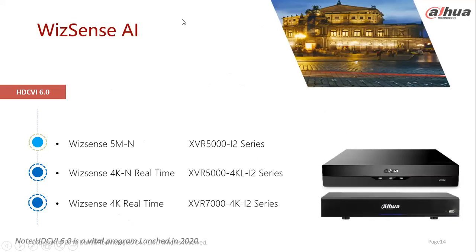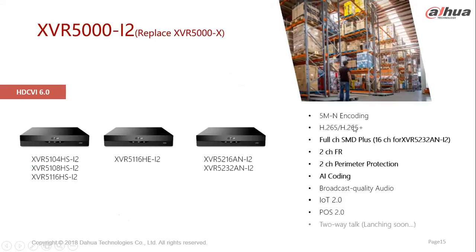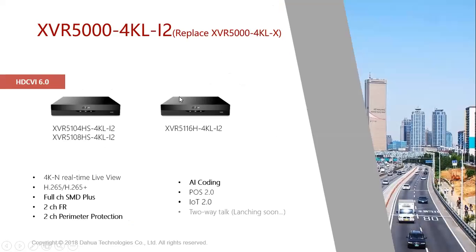With the WizSense AI series, that's the 5 series, functions include AI coding. You can do SMD Plus, you can do face recognition but with 2 channels, and you can do perimeter protection.